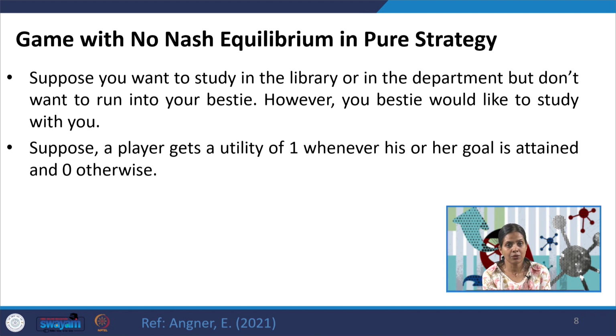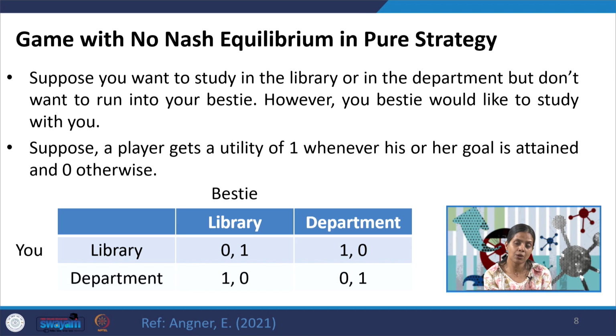In case you do not get to study alone, your payoff would be 0, and if she does not get to study with you, then her payoff would be 0. So, this is how we construct the payoff matrix. This is player 1 and bestie is player 2. The two options are where to study, library or department, for both of you.